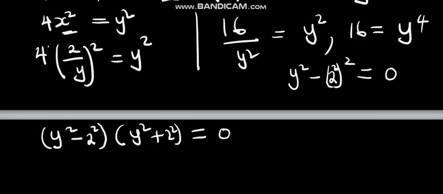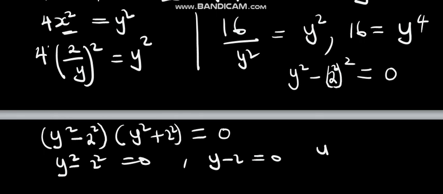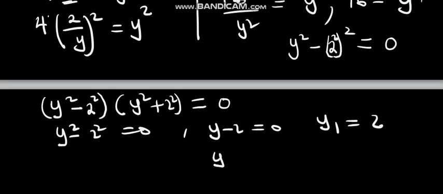For that to be true, what does it mean? y² − 2² is equal to 0. Therefore, we shall have y − 2 is 0, y1 will be equal to 2, and y + 2 will also be 0, and y will be equal to negative 2.